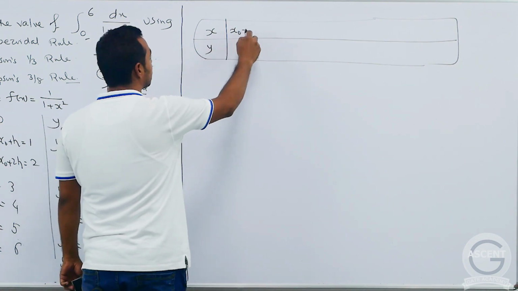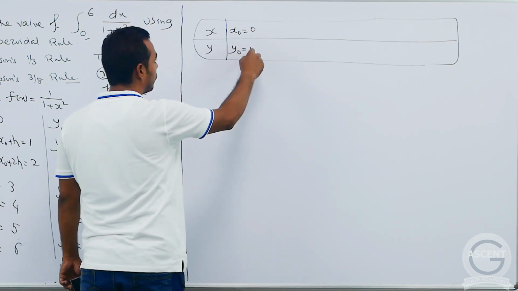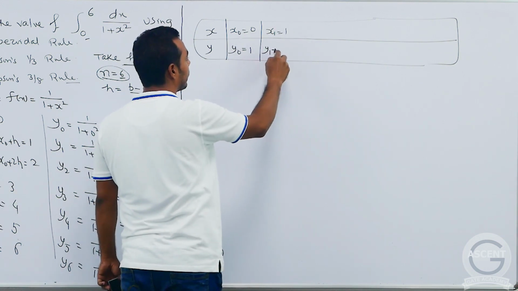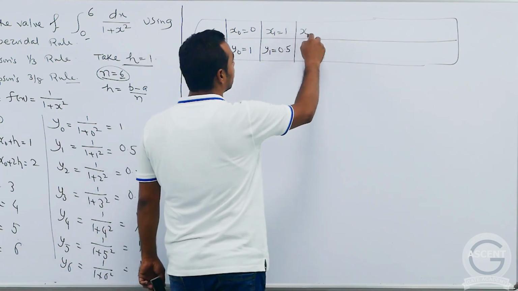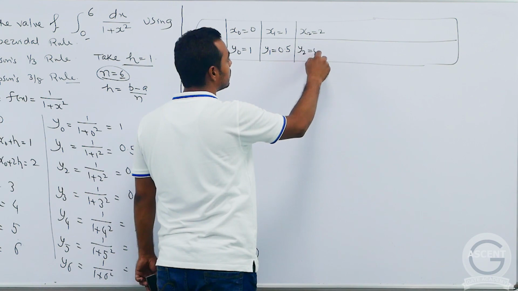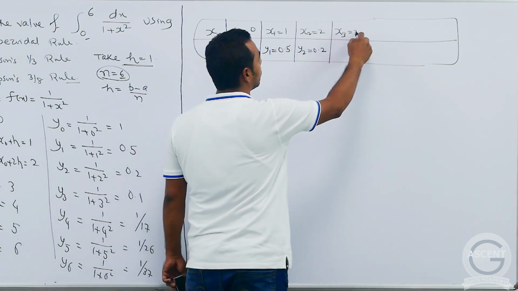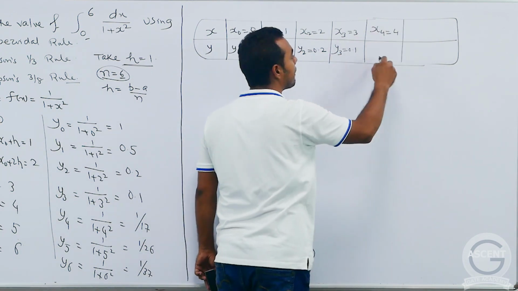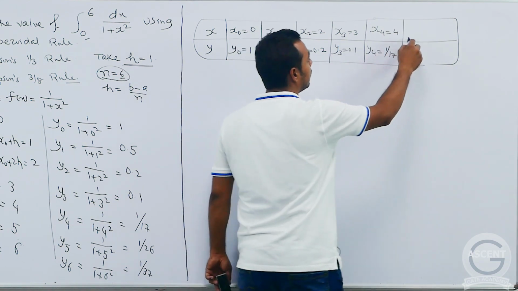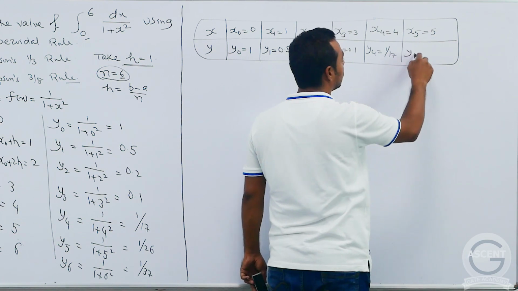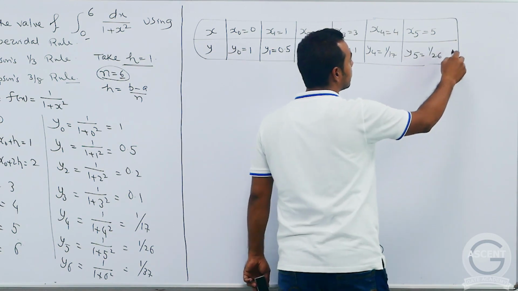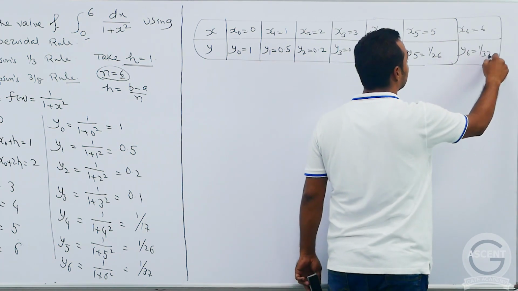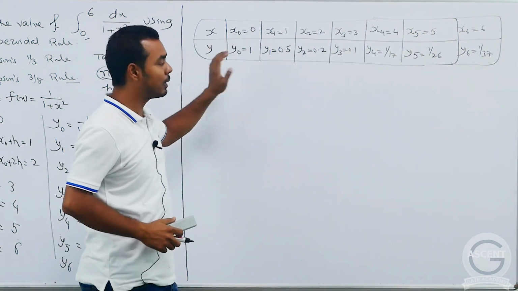So x0 is 0, y0 is 1, x1 is 1, y1 was 1 by 2, so y1 was 0.5, x2 is 2, y2 is 0.2, x3 was 3, y3 was 0.1, x4 was 4, y4 will be 1 by 17, x5 is 5, y5 this will be 1 by 26, and finally x6 was 6, y6 will be 1 by 37. So these are the different values of y corresponding to different values of x.